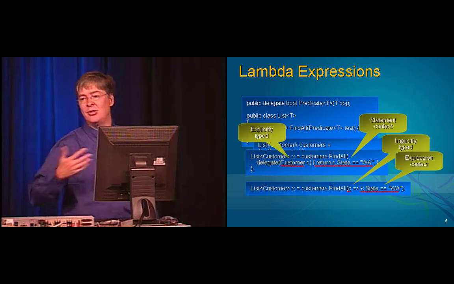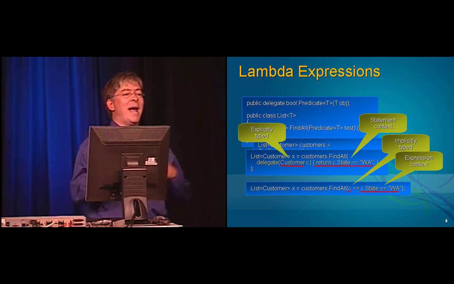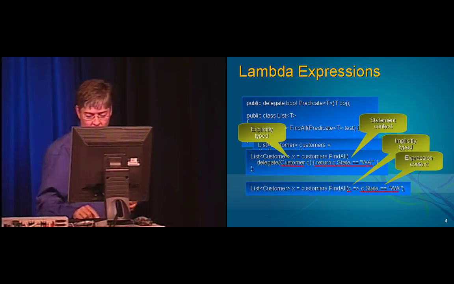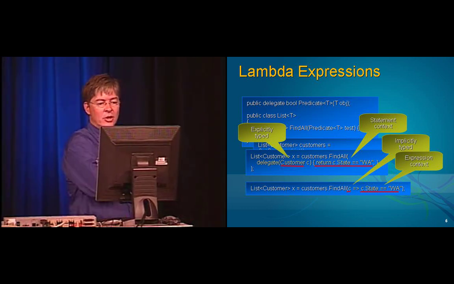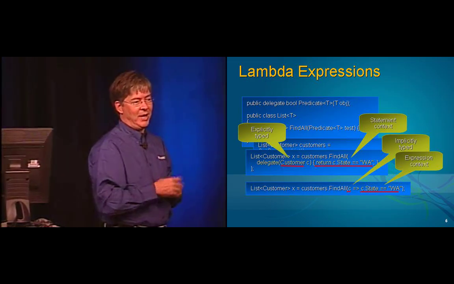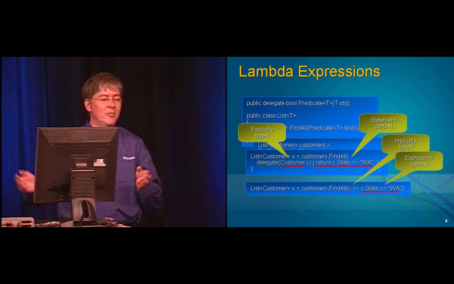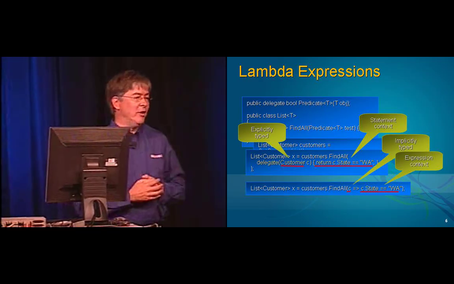There are a couple of issues with this when it comes to making it the backbone of a query language. First of all, anonymous methods force us to explicitly type the parameters. When I write an anonymous method, I must say delegate of Customer c, where the system could actually have inferred this for me.